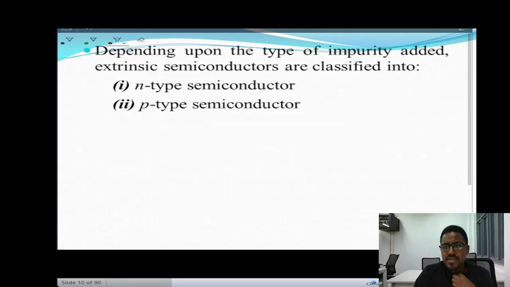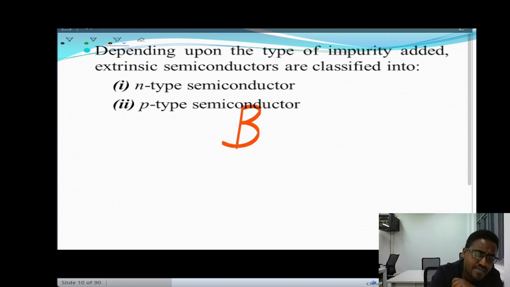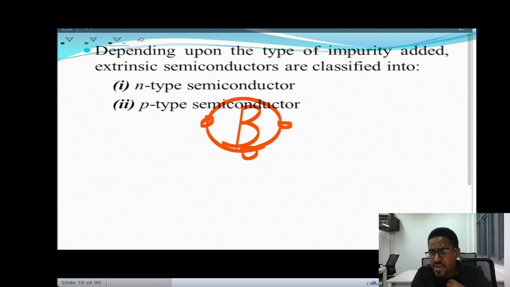P-type semiconductor: when a small amount of trivalent impurities is added to a pure semiconductor, the result is a P-type extrinsic semiconductor. The added impurities have 3 valence electrons. For example, boron has 3 valence electrons.